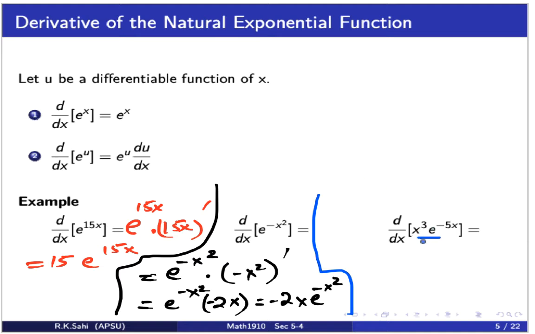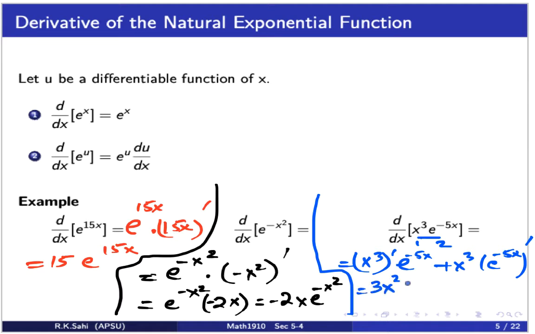This is the first function, second function. You have the differential of the first function times the second function, e to the power negative 5x, plus the first function as it is times the differential of e to the power negative 5x. So what do we get?